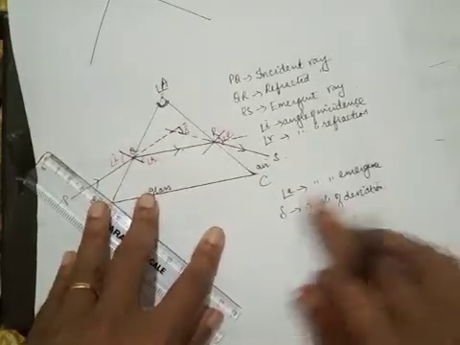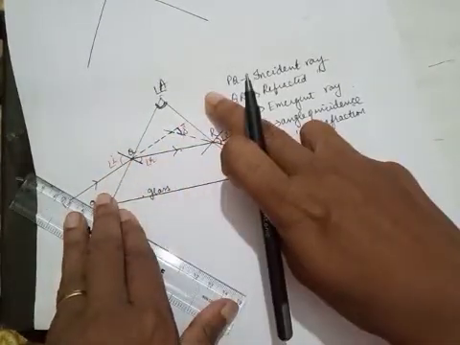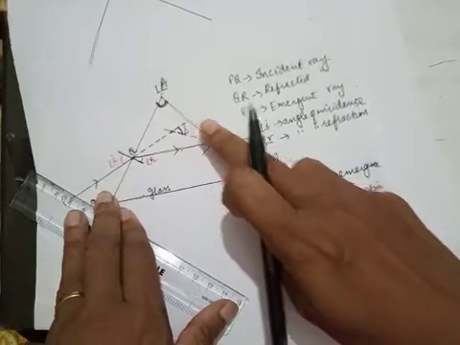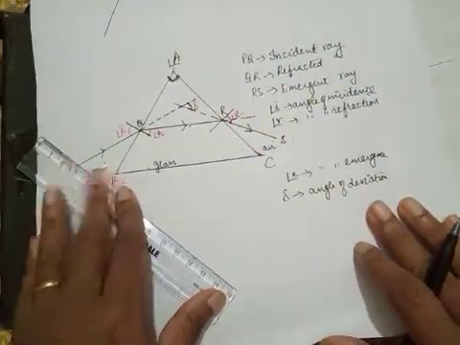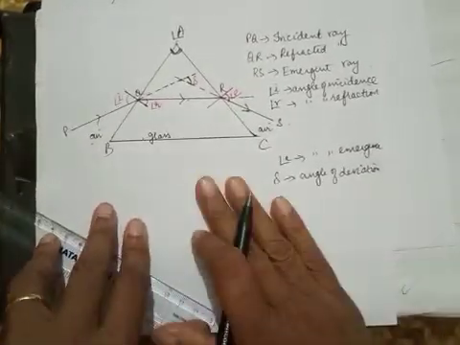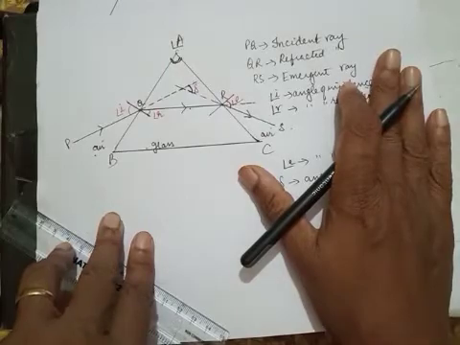Why this name? Because it gives how much the ray has deviated from the original path. It has deviated by this much angle and it is going in this direction. So this is how refraction through a glass prism will take place.